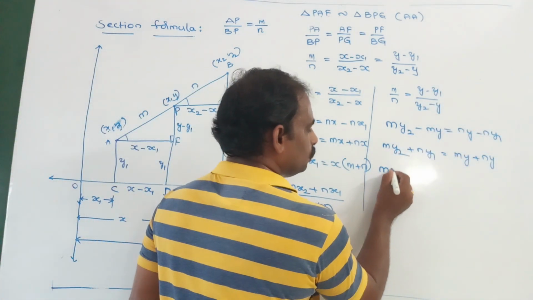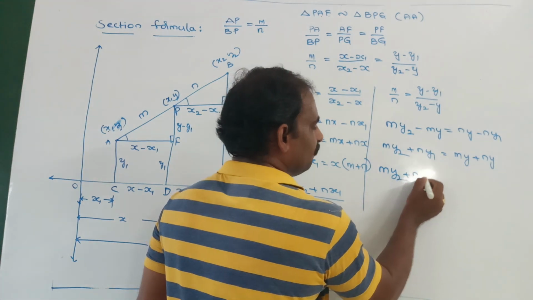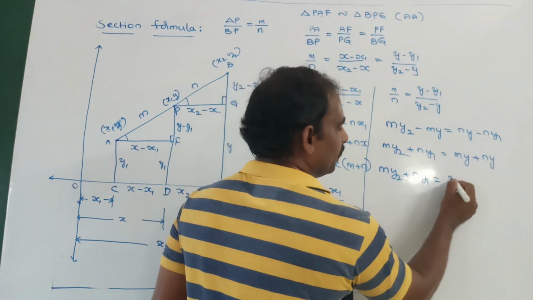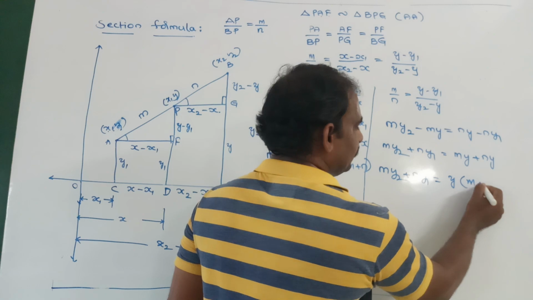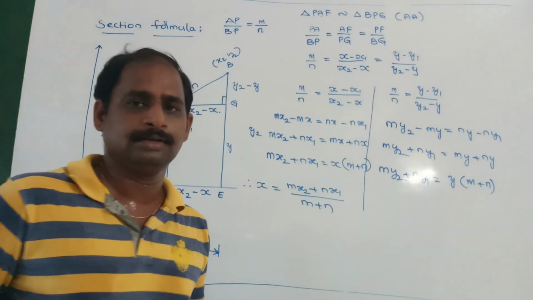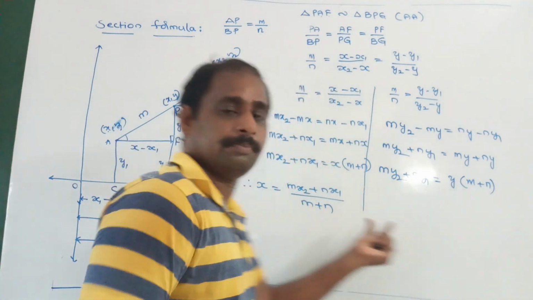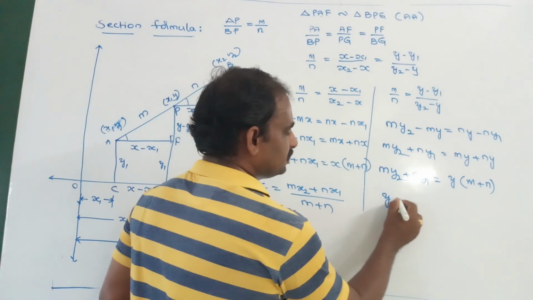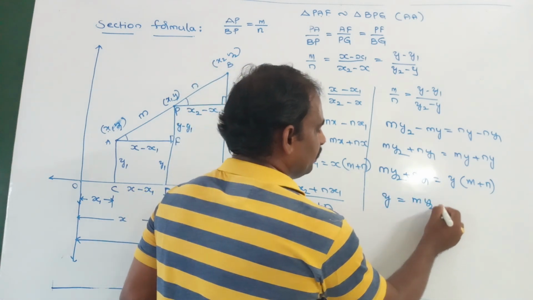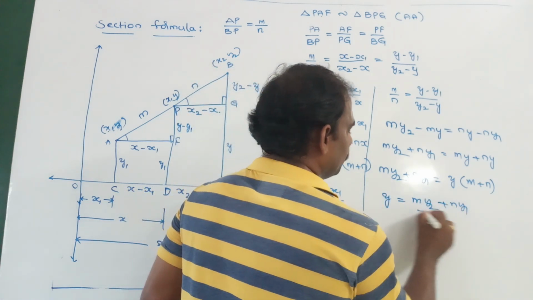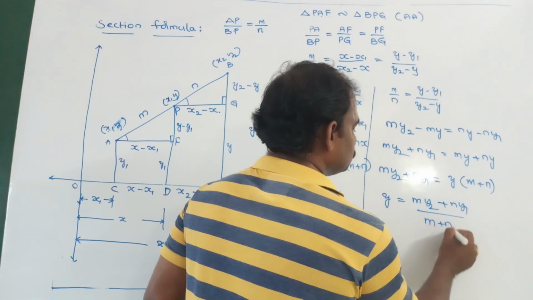Now My2 plus Ny1 is equal to, take y as common, you will get M plus N. Here M plus N is a multiple, becomes division. So y is equal to (My2 plus Ny1) by (M plus N).